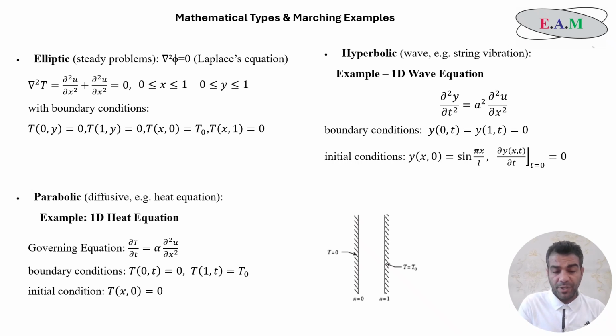Next are parabolic PDEs, such as 1D heat conduction. These model diffusive processes over time. You'll notice that the solution evolves from the initial condition and we march forward step by step in time.